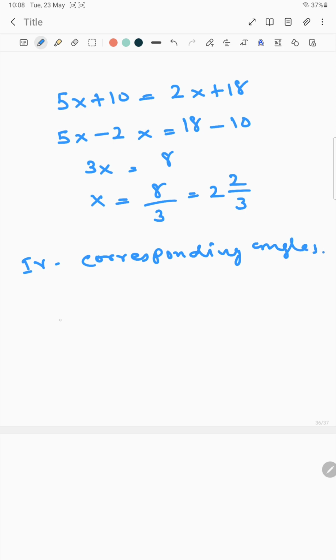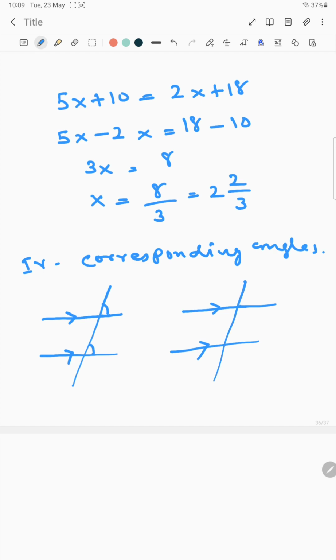So whenever you have two parallel lines, these are parallel lines, and we always use these arrows for parallel lines, and this is the transversal. Now the angle over here and angle over here upwards from the lines, or if you have two parallel lines, and if this is the transversal, so the angle below the line and again below the line, so these are called corresponding angles.